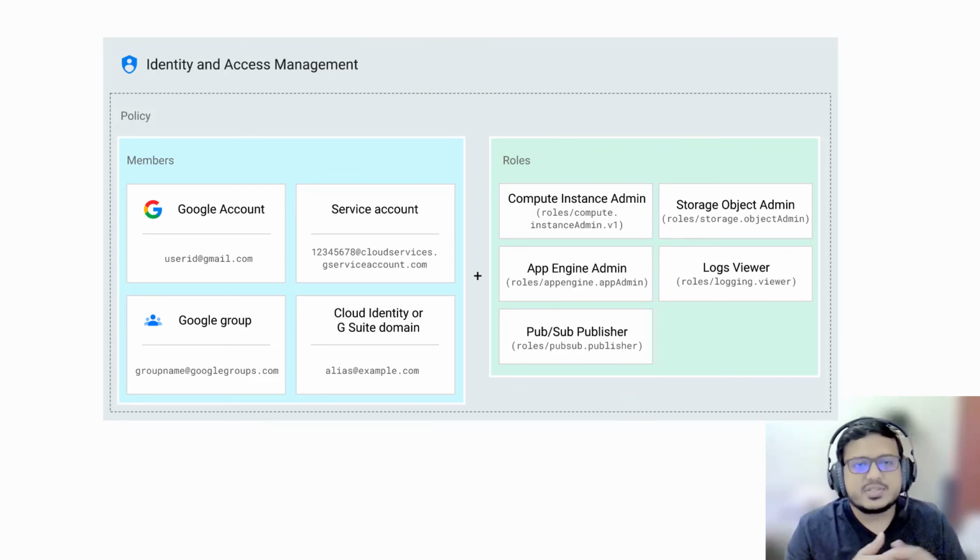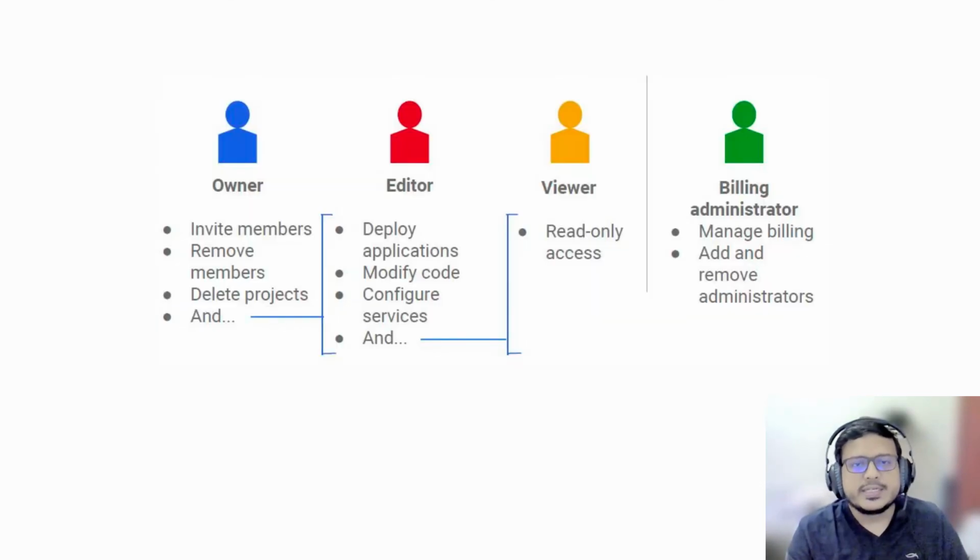And then there is a predefined role. A predefined role provides access to specific services. For example, say you have a predefined role called storage admin. It will have administrative privileges for storage. And finally, there is another type of role, the custom role, which lets you create your own roles, combining the specific permissions that you need.